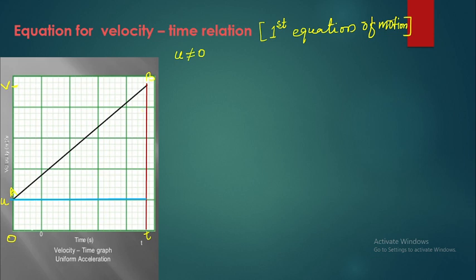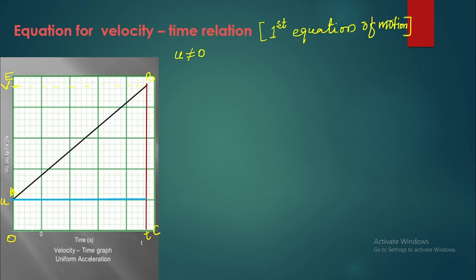In this figure, the perpendicular lines BC and BE are drawn from point B on the time and the velocity axis respectively, so that the initial velocity is represented by OA, the final velocity is represented by BC, and the time interval small t is represented by OC.